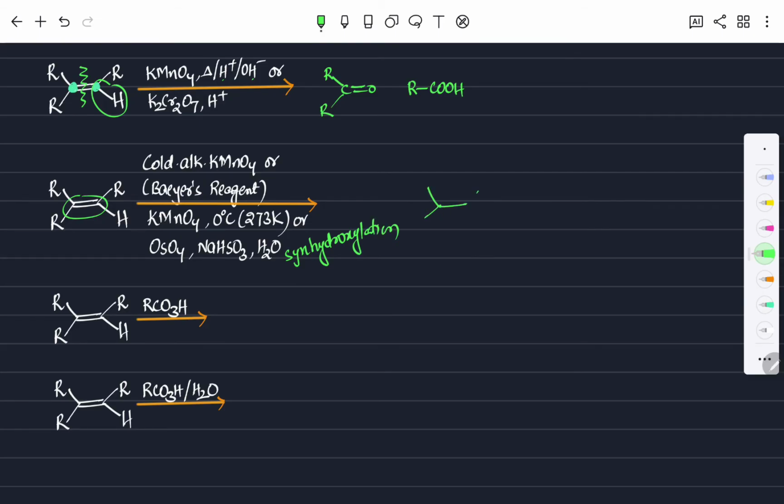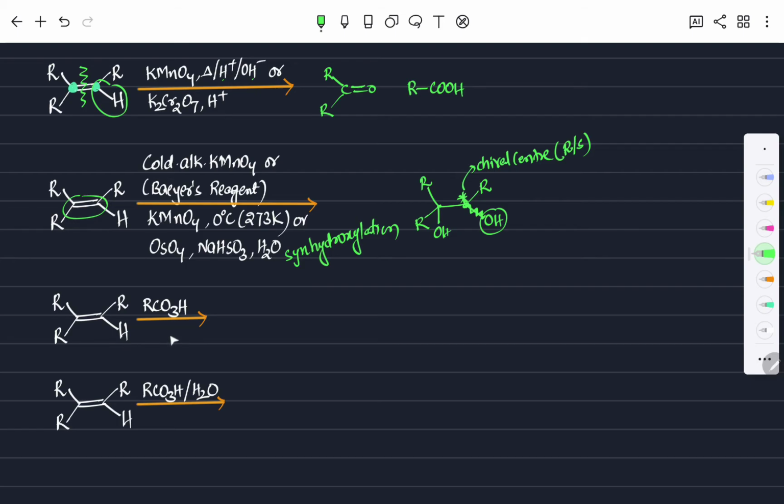So simply we have to remove the pi bond and add two OH groups, at this carbon an OH group and at this carbon an OH group. Here it is an sp3 atom connected to four different groups. Therefore, OH can be added from above the plane or from below the plane. In terms of optical isomerism, it is a chiral center, and we get two configurations. One is R configuration, one is S configuration.